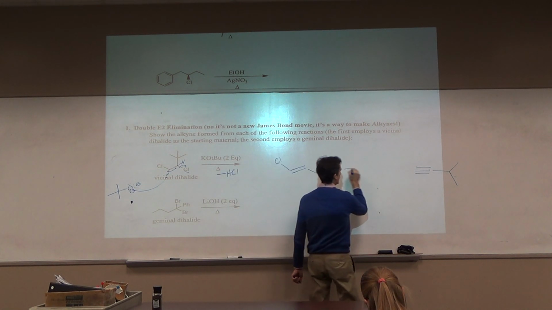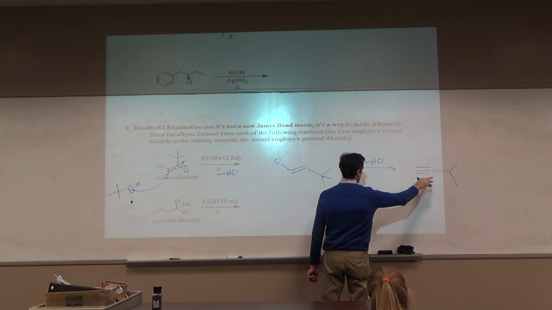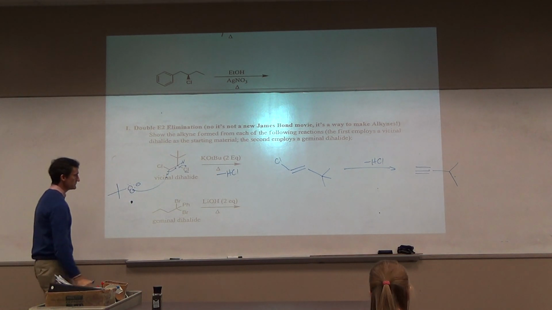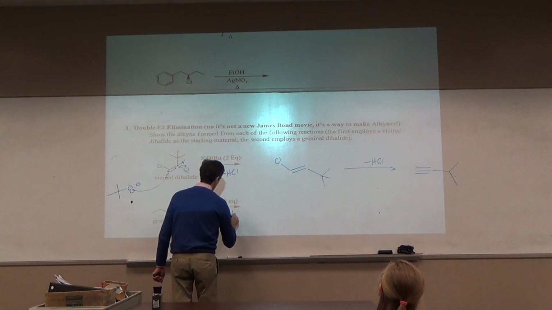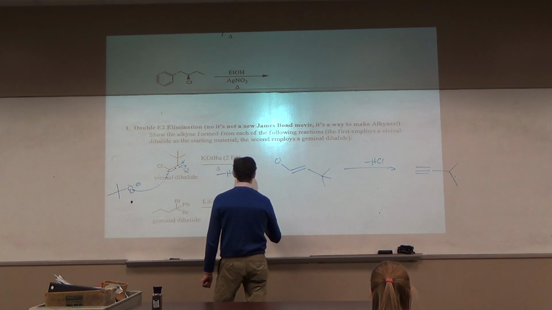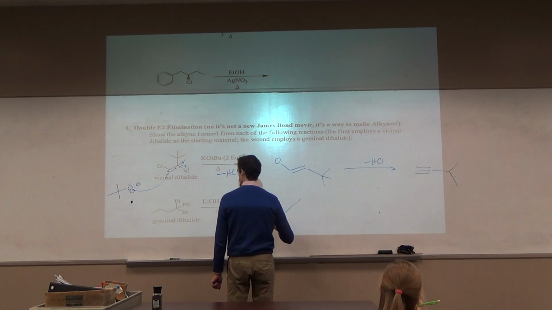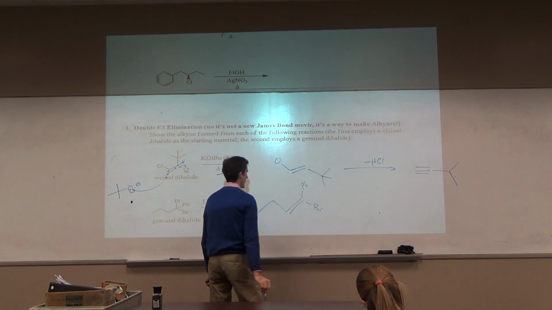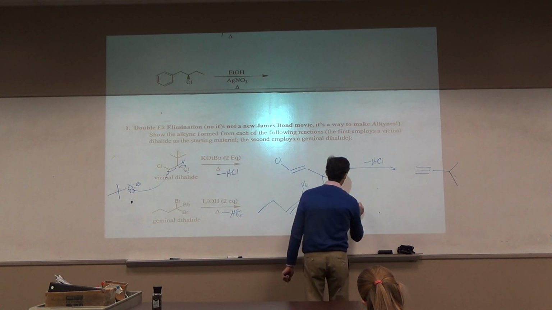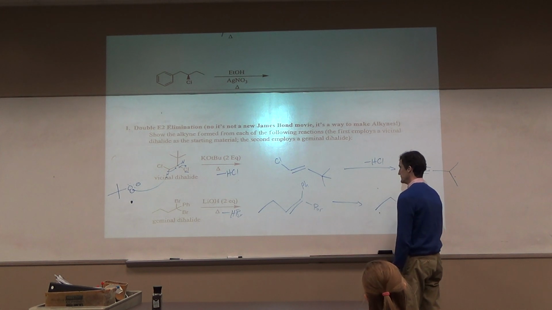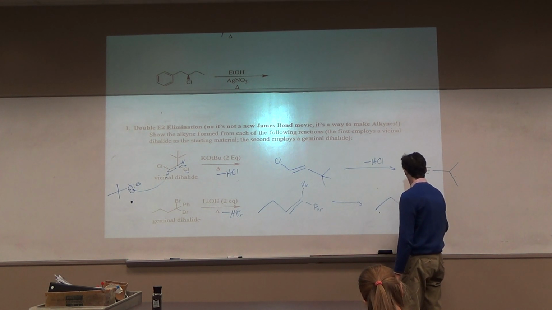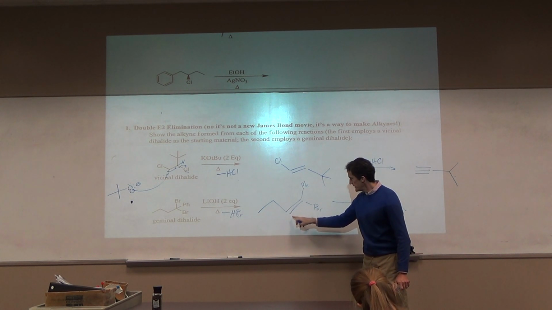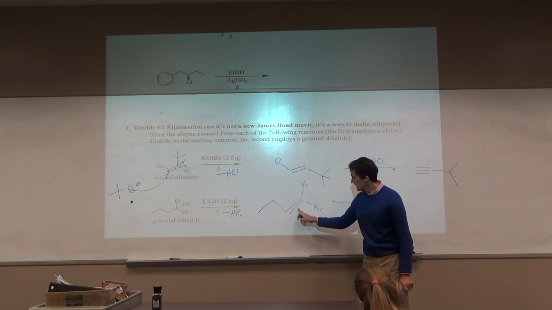If you eliminate HCl again, we can get that alkyne, yeah? Down here, if we eliminate HBr with a strong base, we're going to get boom, boom, boom. And if we eliminate again, boom, boom. Third alkyne between here and here, eliminate HBr, alkyne here.